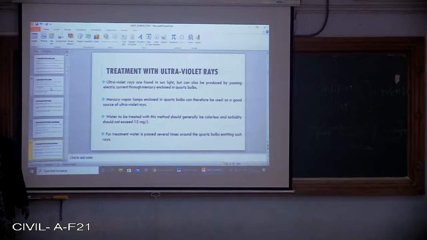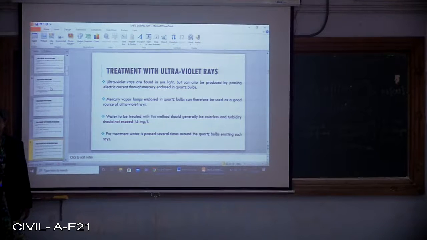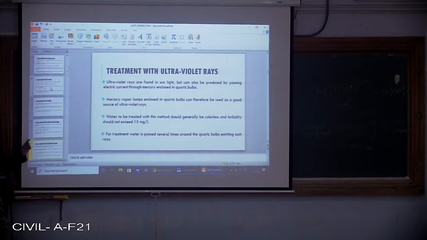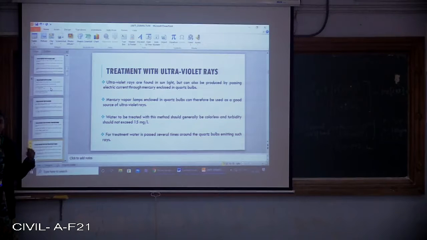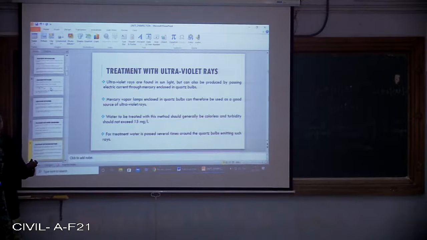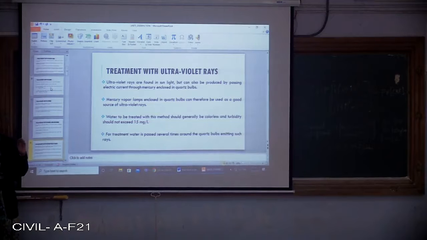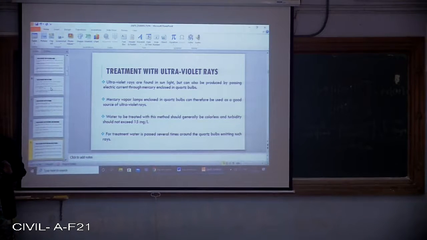For treatment, water is passed several times around the quartz bulbs emitting such rays. So the water is passed many times around the quartz bulbs emitting such rays. Whenever the rays are emitted from the bulb and the water passes around it, these rays act as a disinfectant to kill the bacteria.